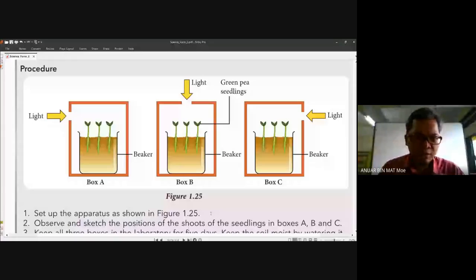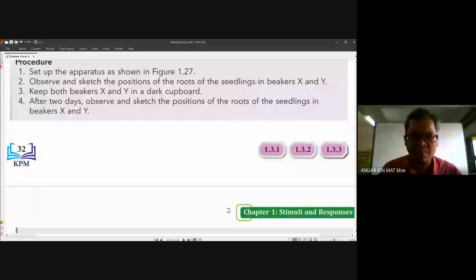So I think we try to do the experiment later lah, when you are able to come to school, when the school is reopened, then we can do the experiment lah. Okay. Right. So tropism. Remember, tropism.